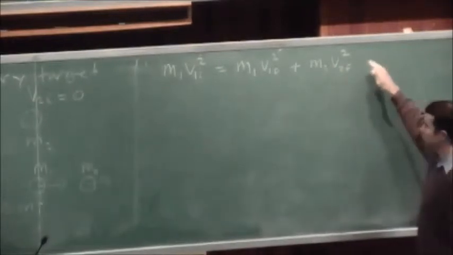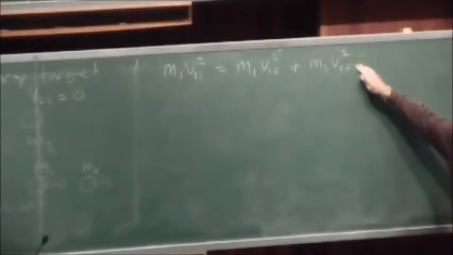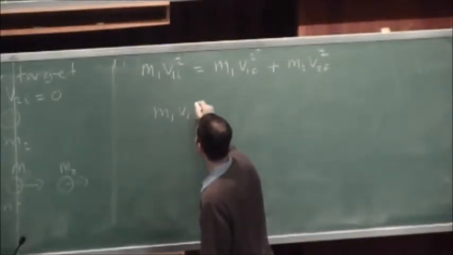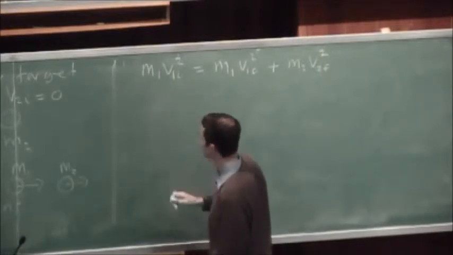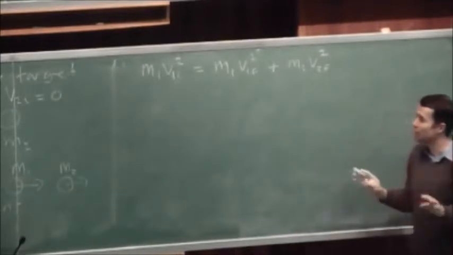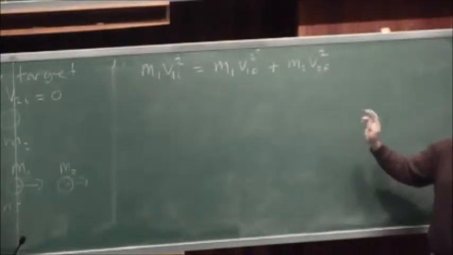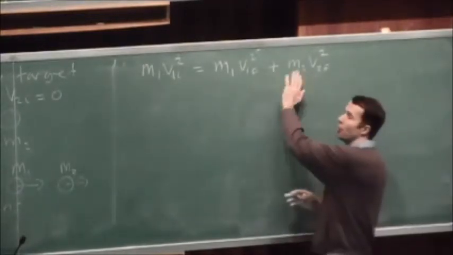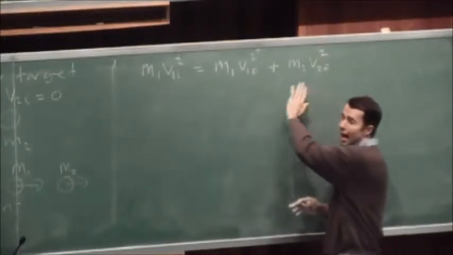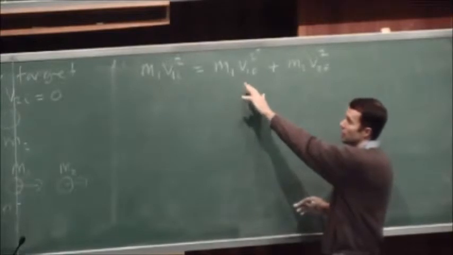Okay, so in 1D then, we have this equation, and we also have M1 V1. Sorry, I need to slow down a bit. Okay, so now I want to write this equation in something that looks useful. I'm just going to show you the algebra of how to get these equations.